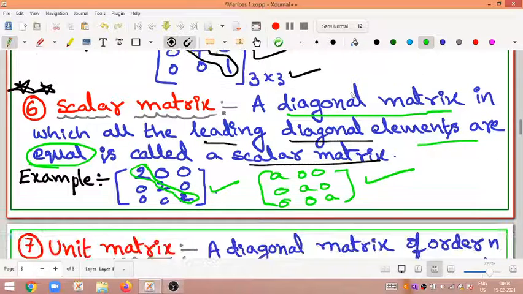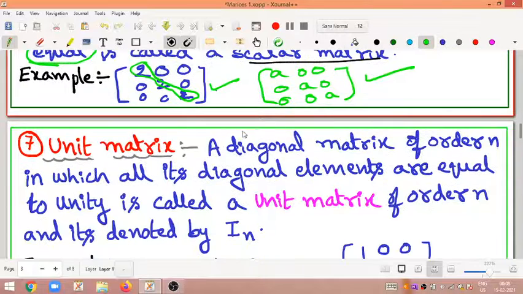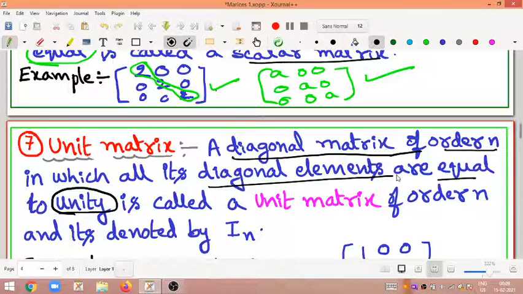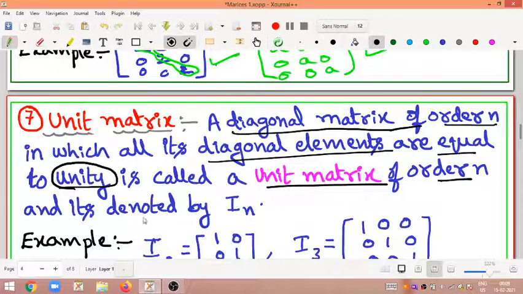Next type is the unit matrix. A diagonal matrix of order n in which all its diagonal elements are equal to unity is called a unit matrix of order n, and it is denoted by In.